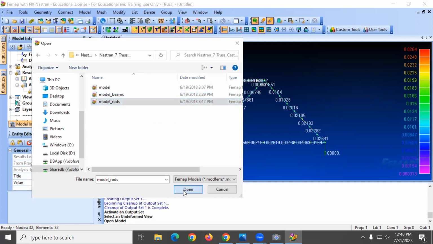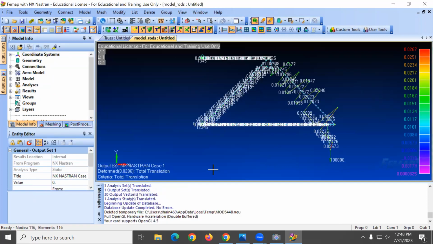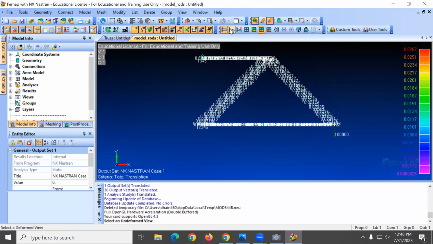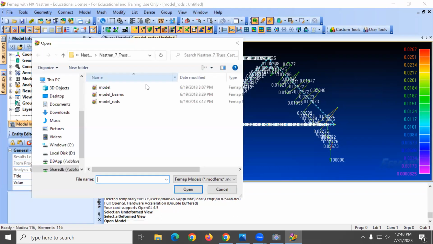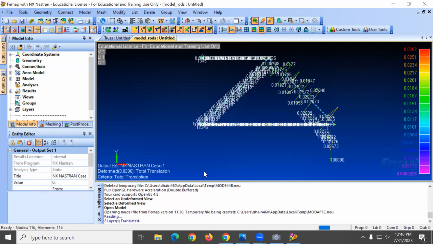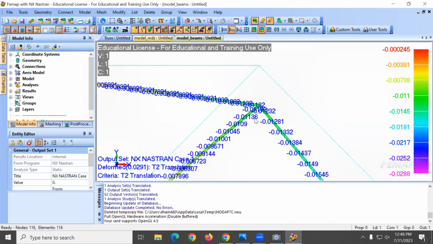So rods. Okay. So this one was giving issues as well. Okay, so it looks like the rods were giving problems. I'm sure now if I open the beams, it should be fine. Beams is always fine. The other ones always give some problems. You see, and this one was more accurate.